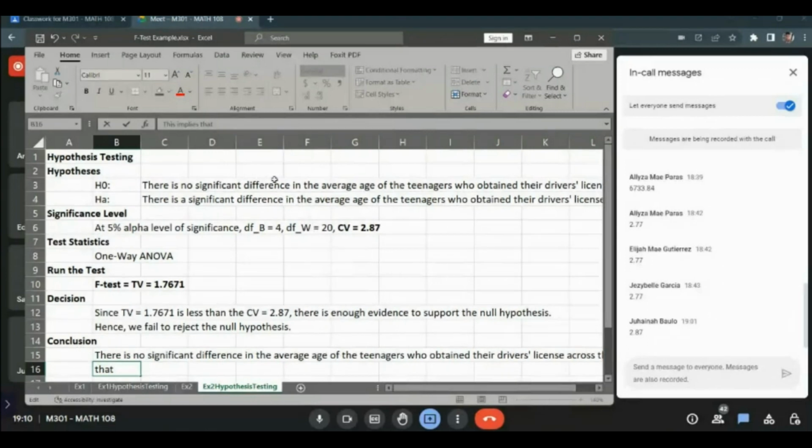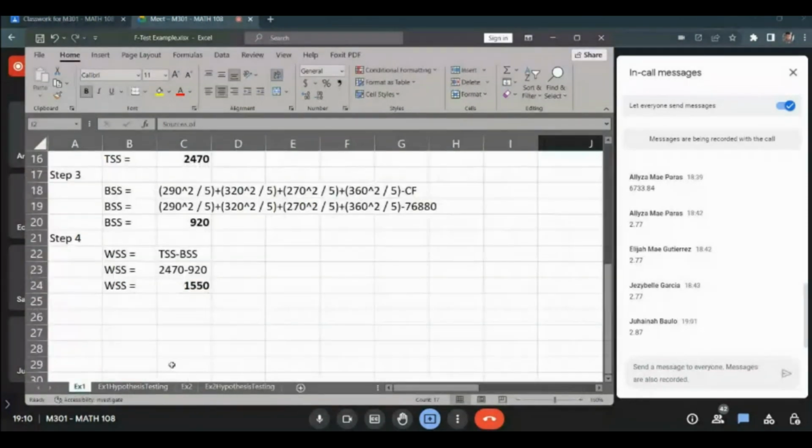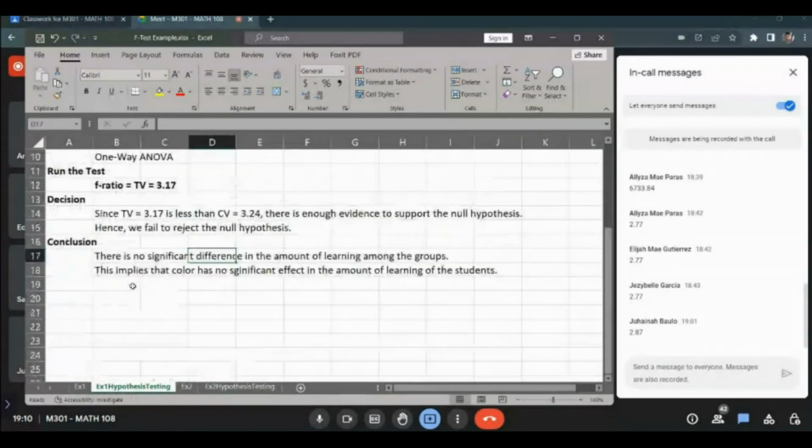But we have to write this in a statistical way. So let me use the same statement as we used before: the color has no significant effect.